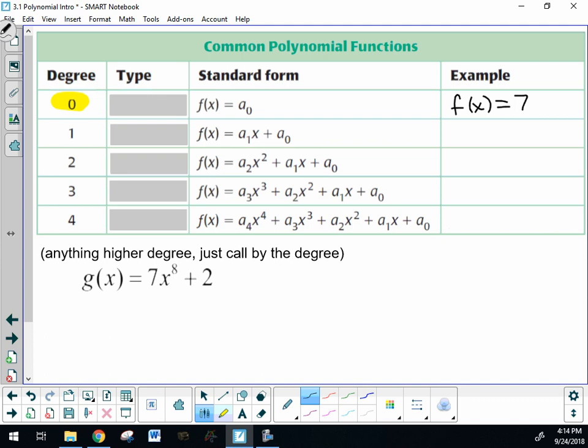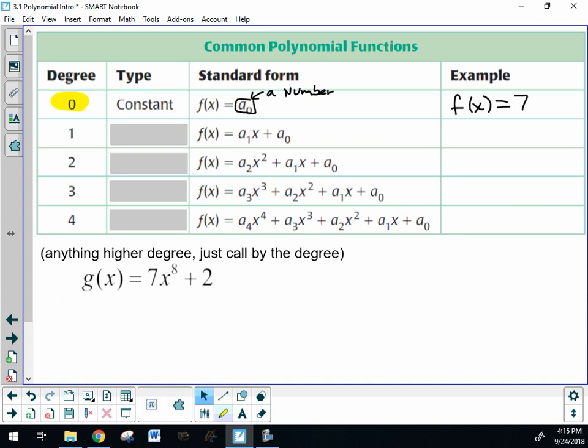Standard form is just f of x equals a number. That's a degree 0 polynomial, and we call those constants. It doesn't matter what value x takes on, the y value always stays the same, whatever that number is.